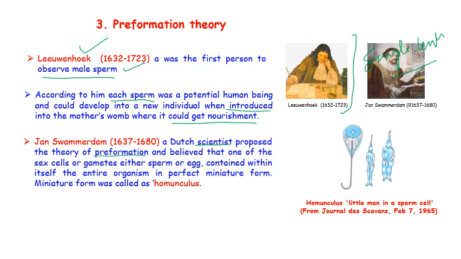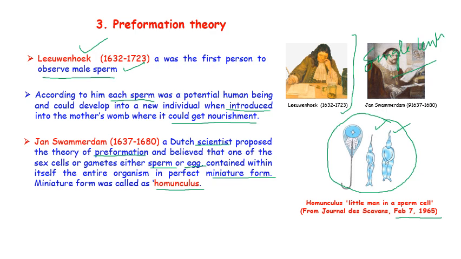He believed one of the sex cells or gametes, either sperm or egg, contained within itself the entire organism in perfect miniature form, and this miniature form was called the homunculus. If you see this image, I have taken it from a journal that published it on February 7, 1965, and these are the homunculus.